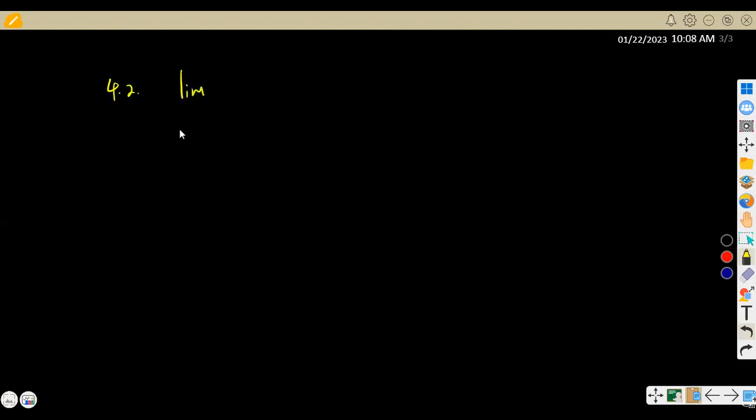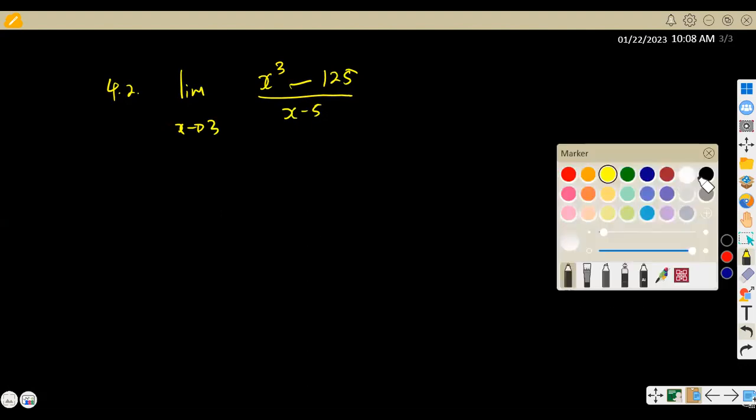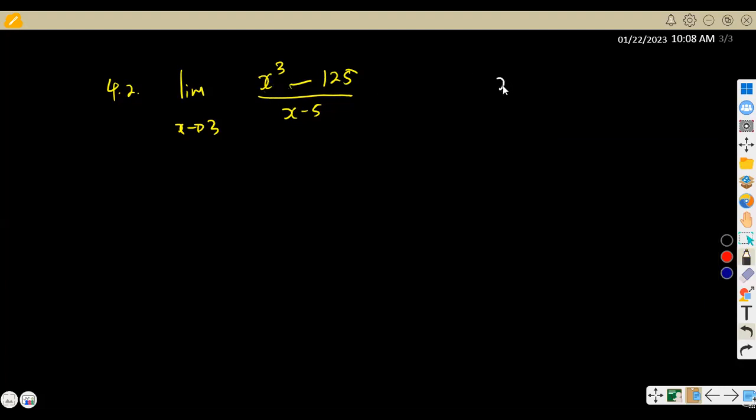We want to find the limit as x approaches 3 of the expression x cubed minus 125 over x minus 5. For you to simplify this, they are targeting you to factorize x cubed minus 125. Remember that 125 can be written in terms of 5, which is 5 to the exponent of 3, because 5 times 5 times 5 is 125.